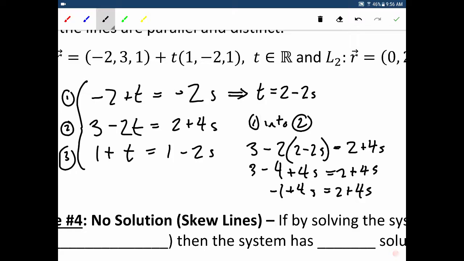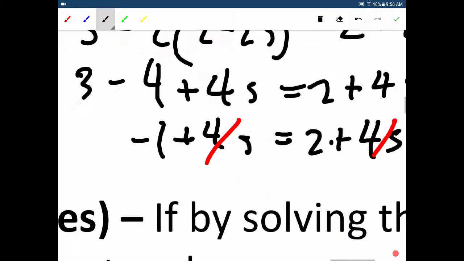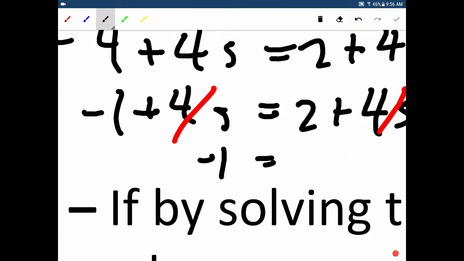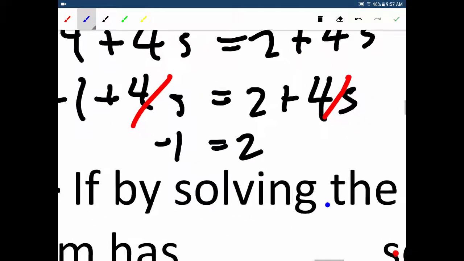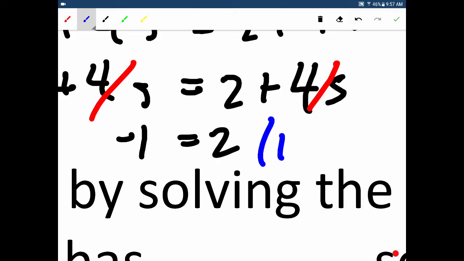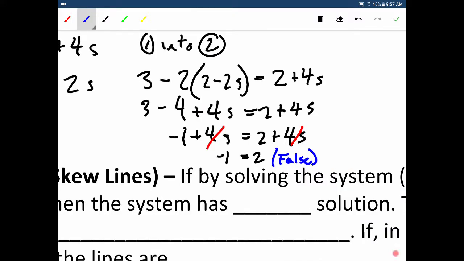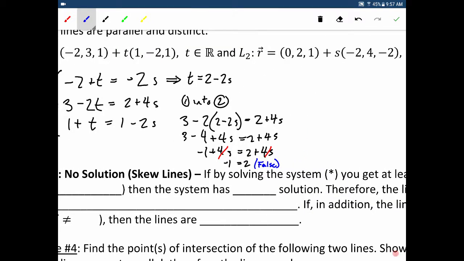You can see these 4s, we can subtract them from both sides so they cancel out, and we're left with negative 1 equals 2, which is false. Negative 1 does not equal 2.